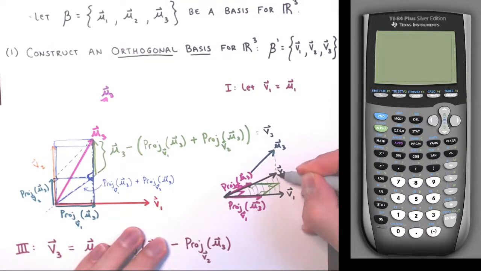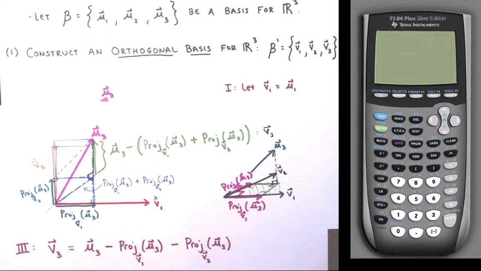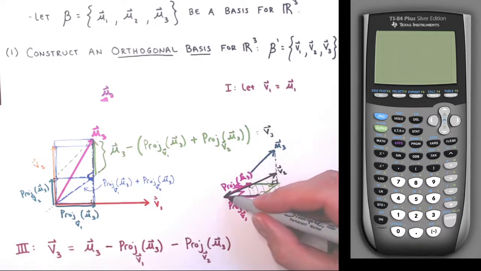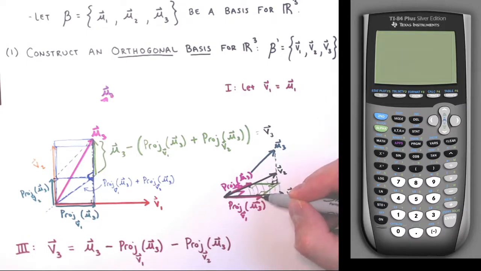So if I project it, we're getting this 90-degree angle here. I'm projecting the tip of u3 down to the plane spanned by v1 and v2. In fact, you could think of u3 here as a diagonal of this rectangular prism.